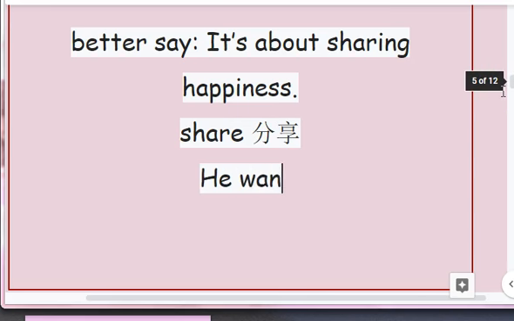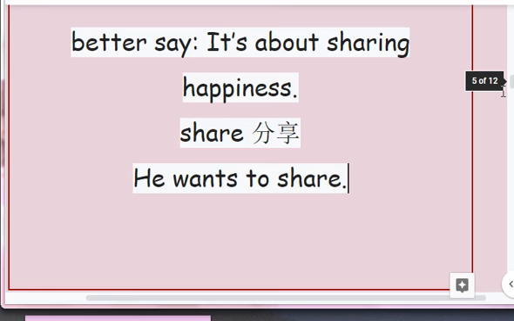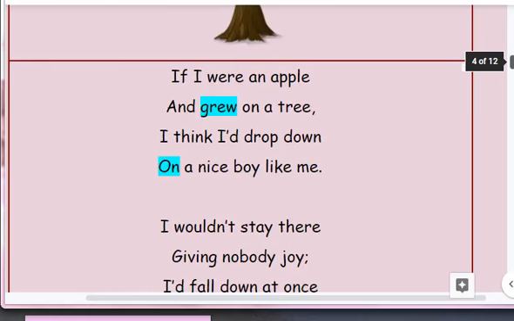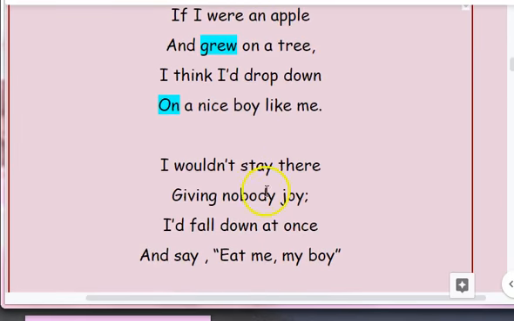He wants to share. Right. Okay, so he's offering his apple by saying, "Eat me, my boy."